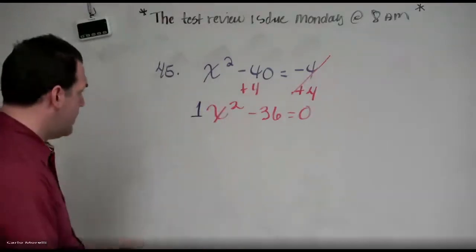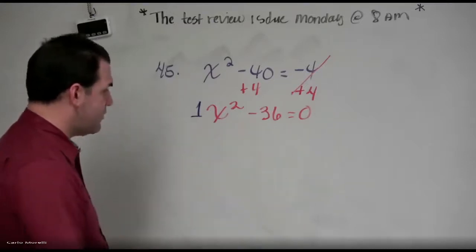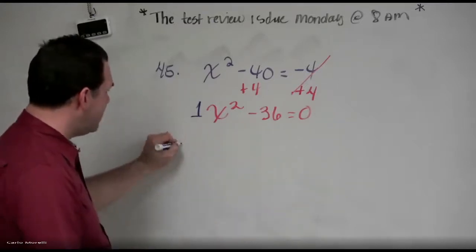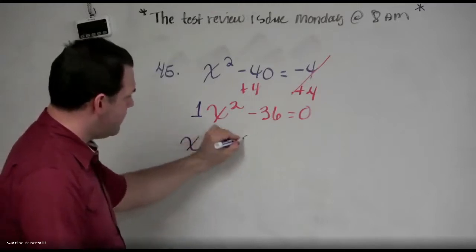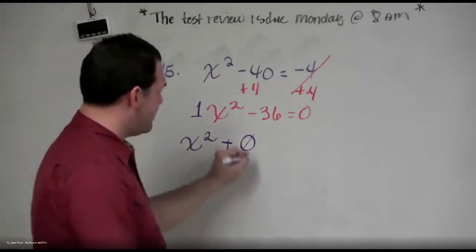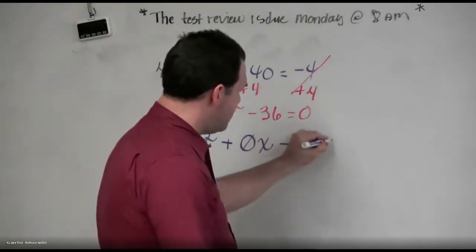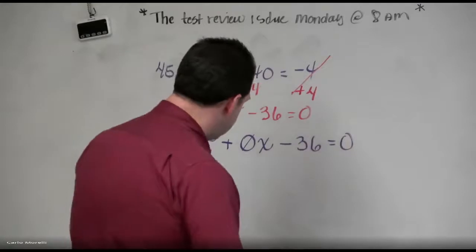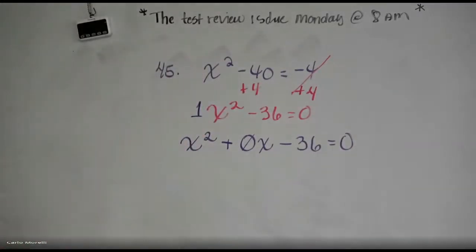In reality, this equation is x squared plus 0x, so please write this down, minus 36 equals 0. Now try in your mind to think of two numbers that add to be 0 and multiply to be negative 36.